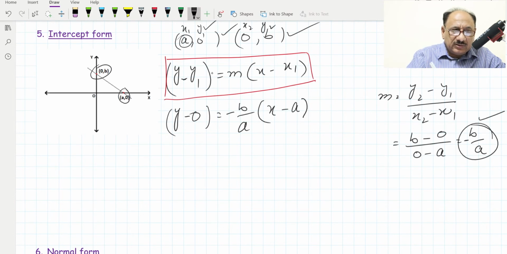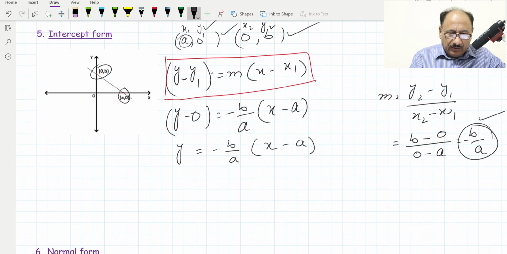So we can write a here. Now we can basically simplify this. We can write y is equal to minus b over a into x minus a.